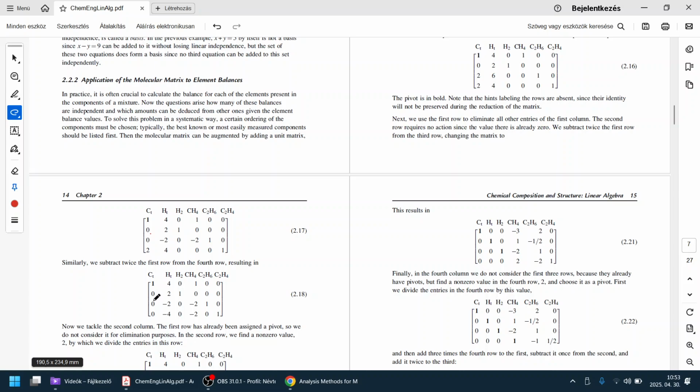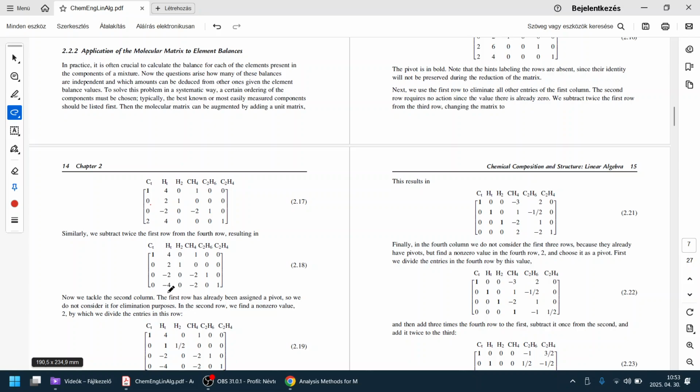We are happy, nice. Then we check this. First, we divide this by 2, and then that's 1, that's half, 0 is 0.